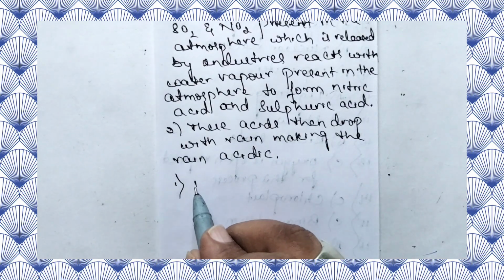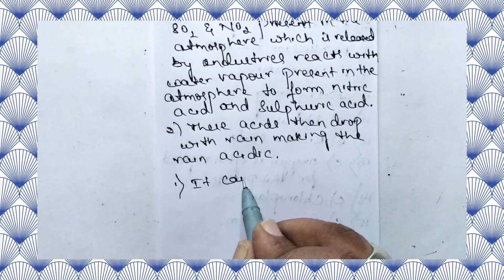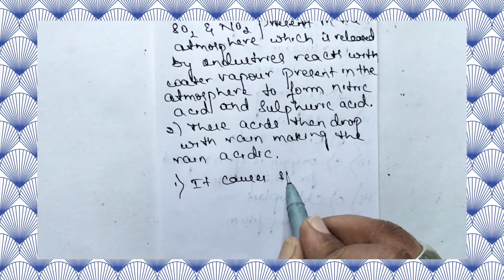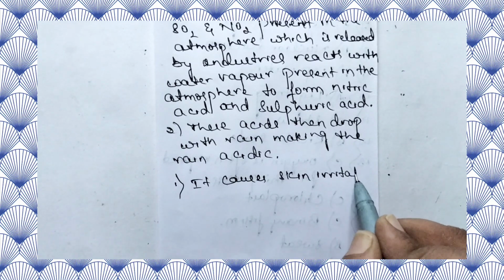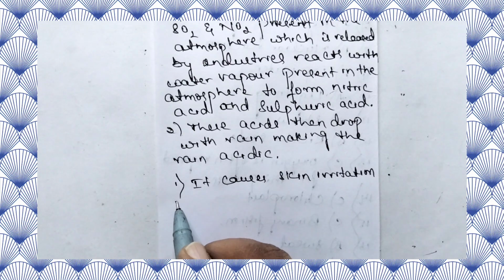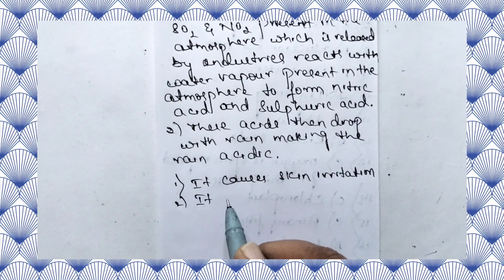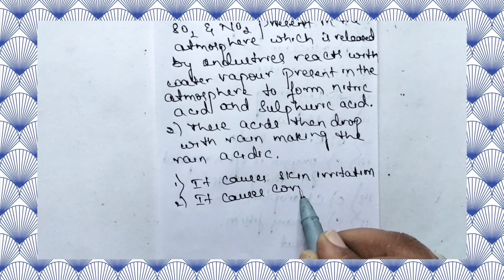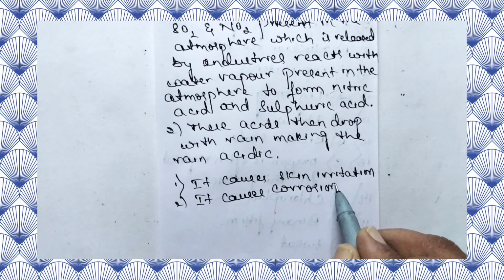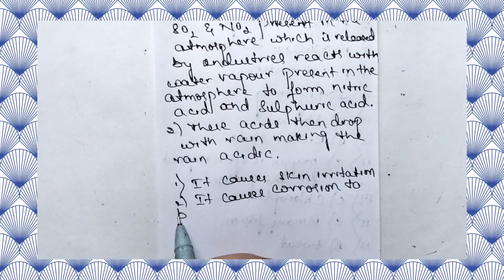Acid rain causes skin irritation. Second point, it causes corrosion to bridges and buildings.